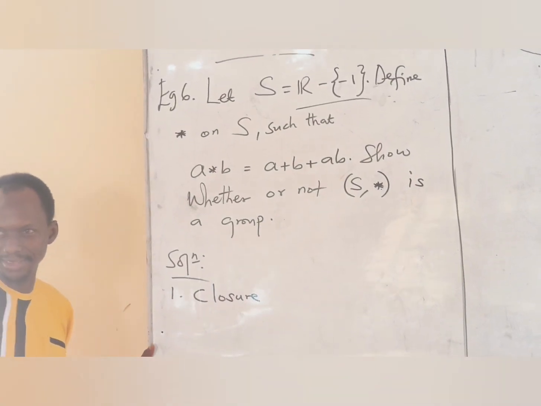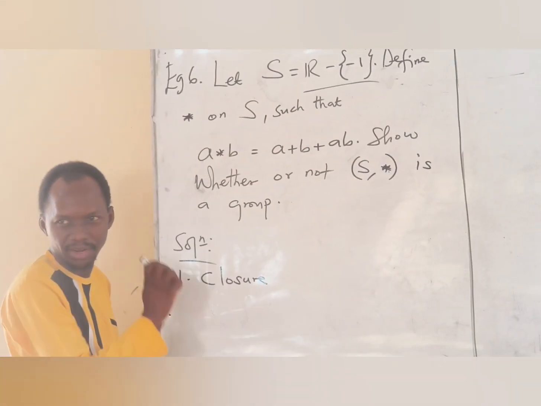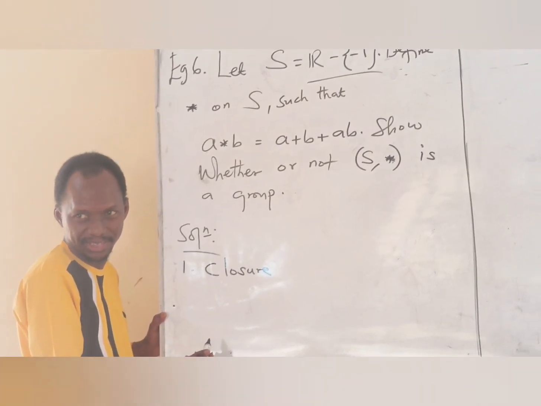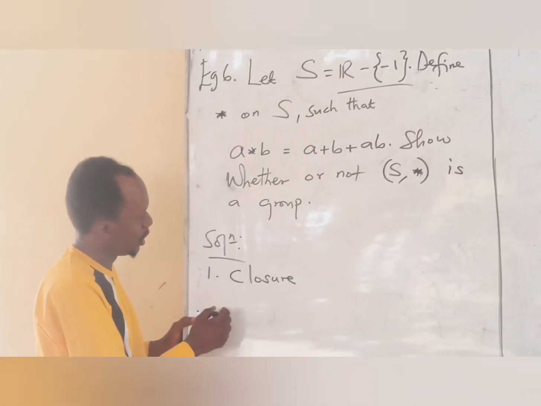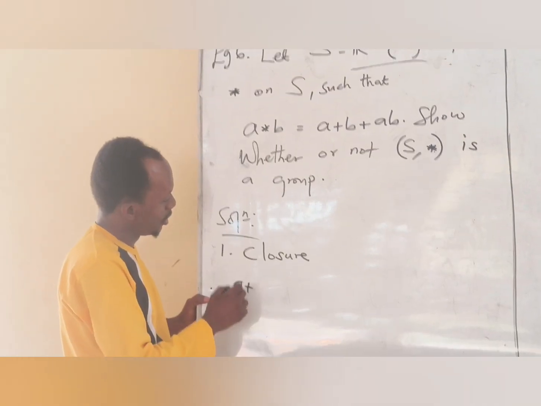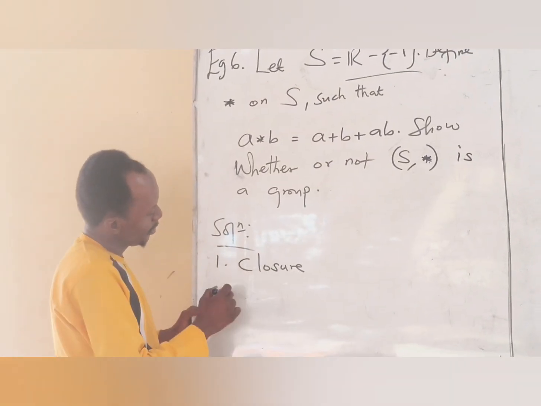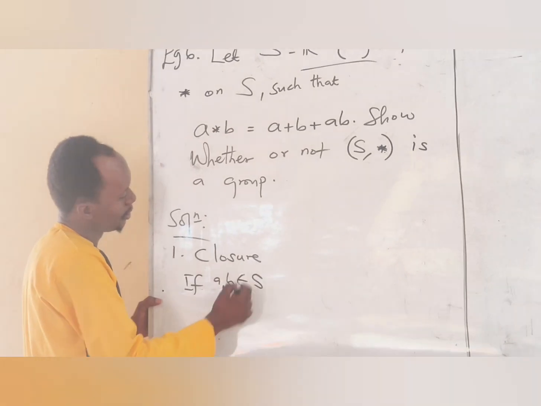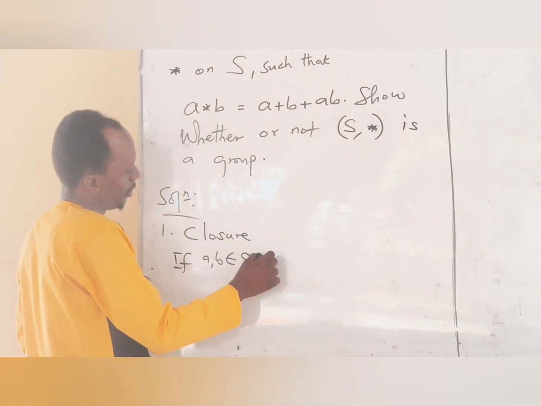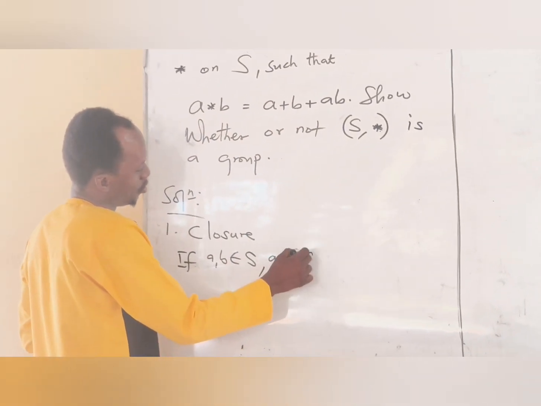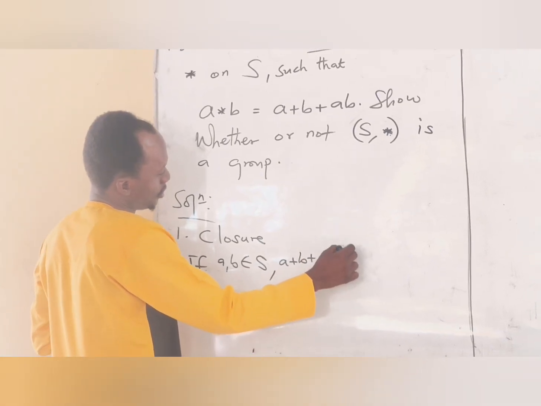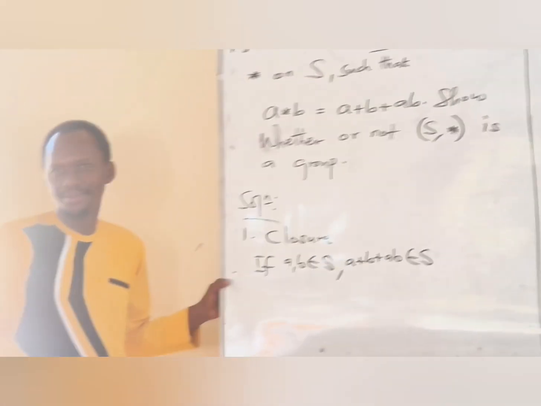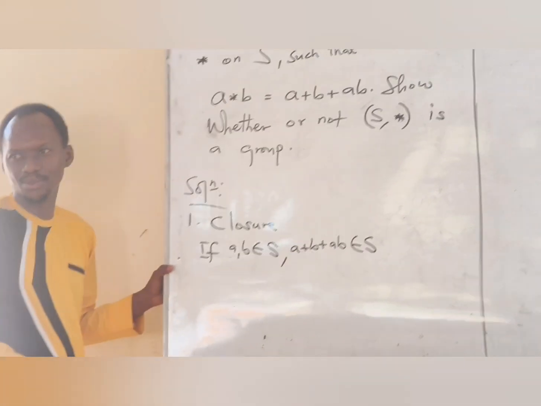Give me the number that does not satisfy this. Is there any number? No. So whatever you do, if A and B are in S, then A plus B plus AB is also in S. That's the collection.